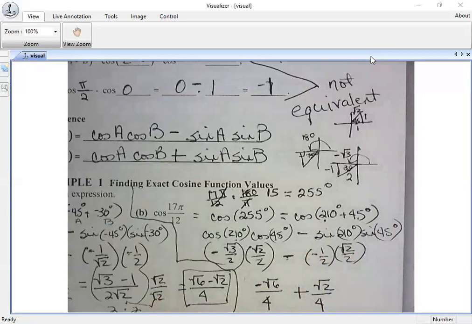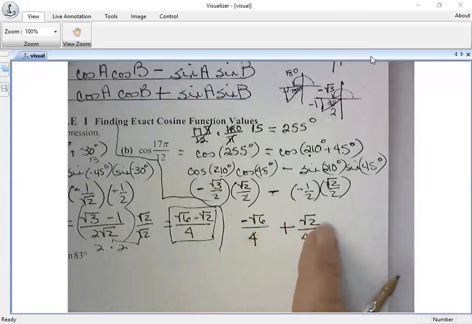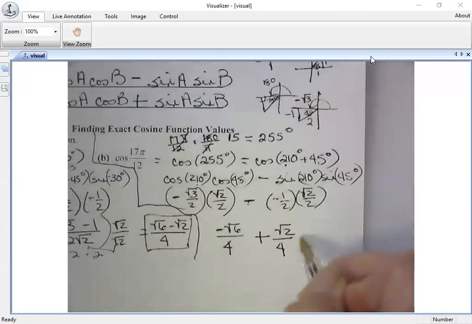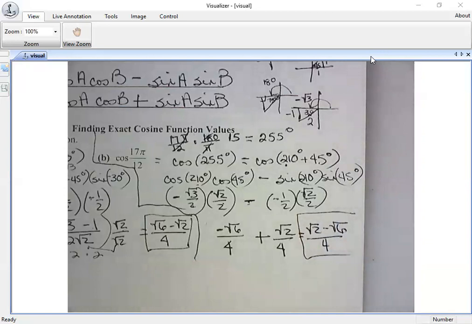I can either write it as a single fraction where I keep the negative square root of 6 in front and add 2. Or if I wanted to put the positive one first, I could put the square root of 2 minus the square root of 6, whichever way you want to write it, over 4.